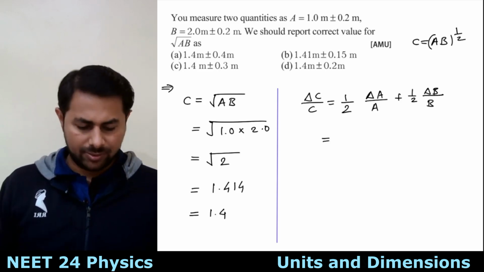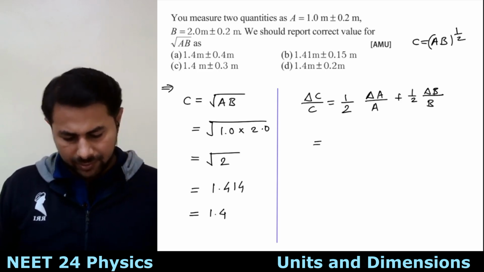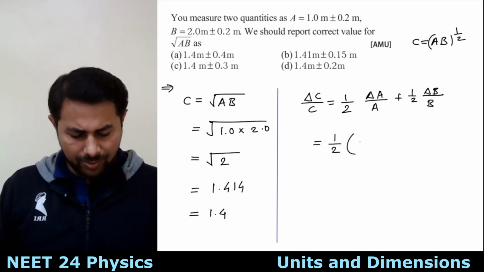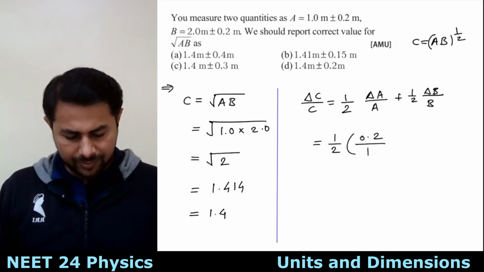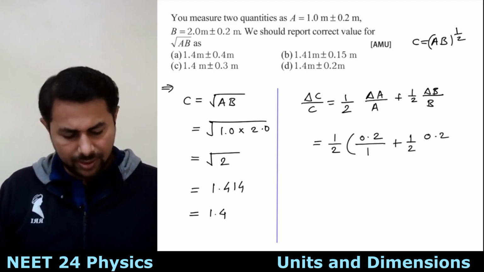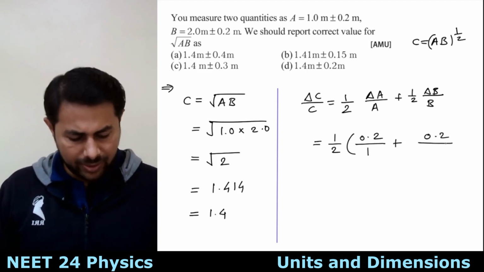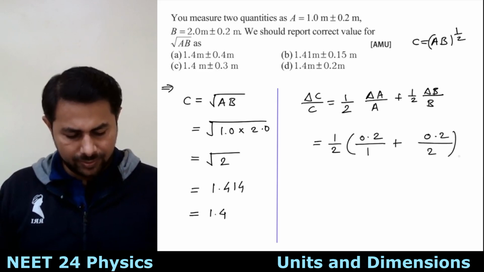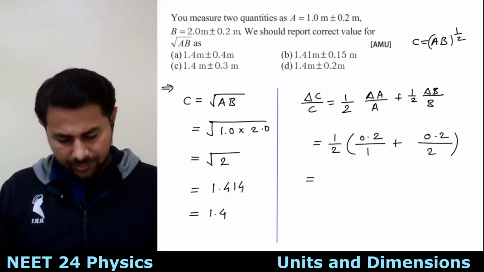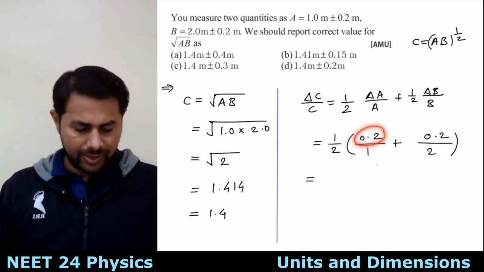So that is equal to, tell me, what is delta A? 0.2. So it's half of 0.2 divided by 1 plus half of 0.2. Okay, half I have taken out. 0.2 divided by 2. So what's that? 0.2 by 1.